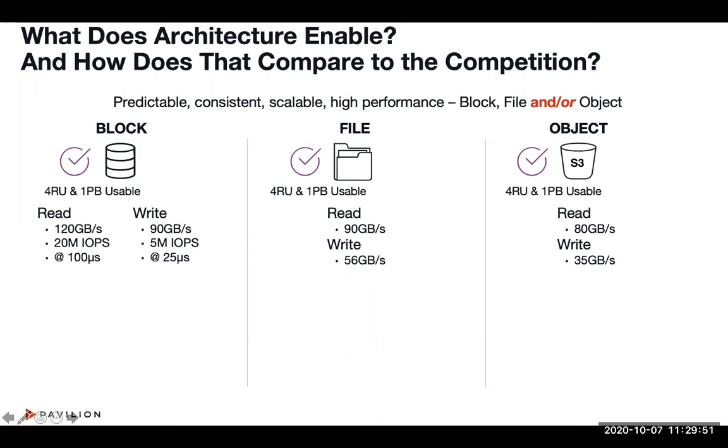When you look at a typical dual controller array that supports multi-protocol or unified storage or whatever they want to call it, what those arrays typically do is you'll have your storage and it's really architected around providing one particular type of data.